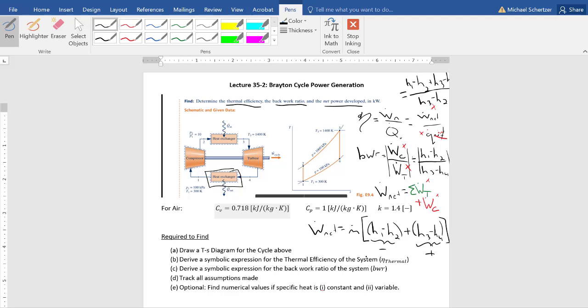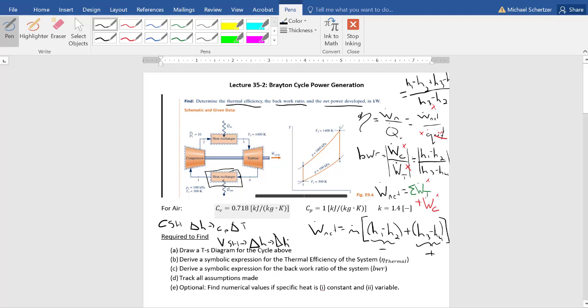We can continue on in the problem, but only after we've decided whether it's constant specific heat. If it's constant specific heat, then delta H is going to become Cp times delta T, or it's going to be variable specific heat, and then delta H just remains delta H.